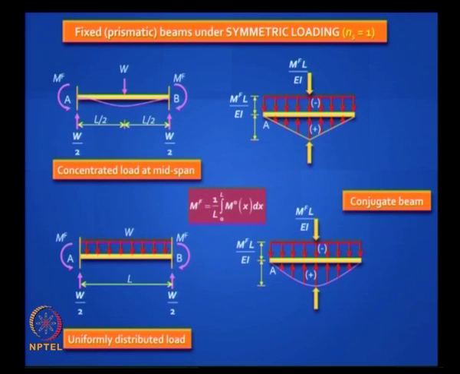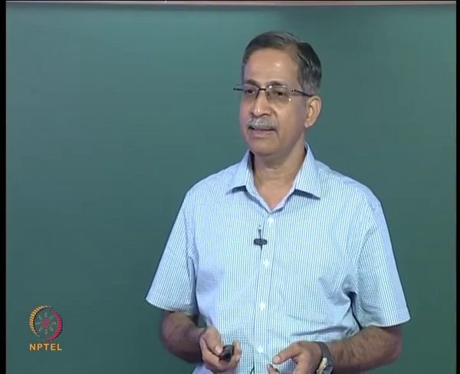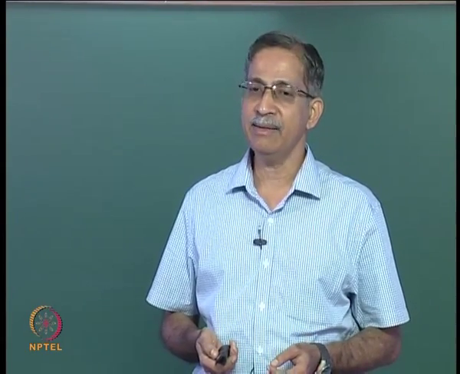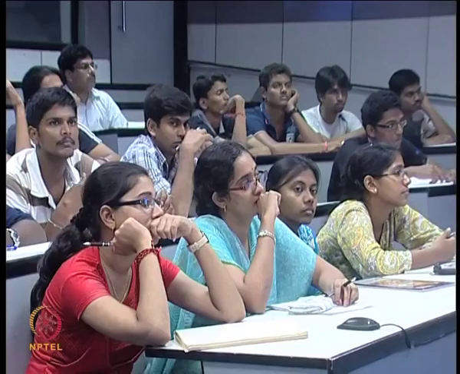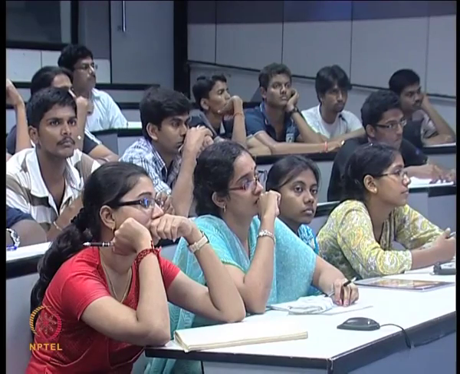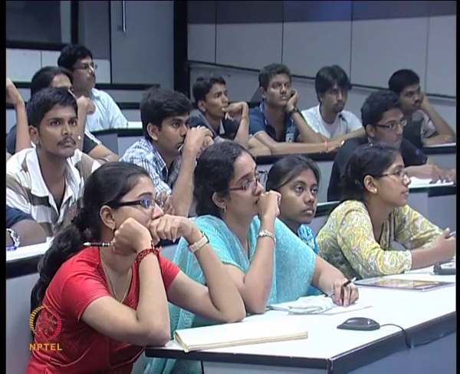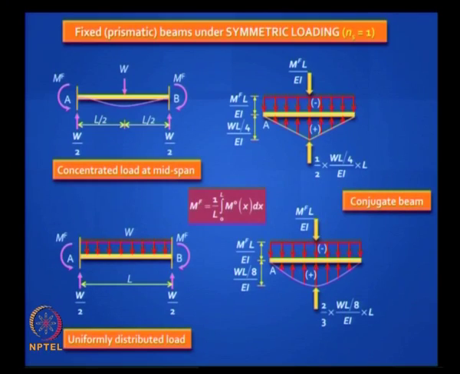So if you equate the two, you have this interesting equation which suggests that the fixed end moment is nothing but the average value of the free moment diagram, because 1 by L integral M naught dx actually means that it is an average value, and so it is easy to calculate.